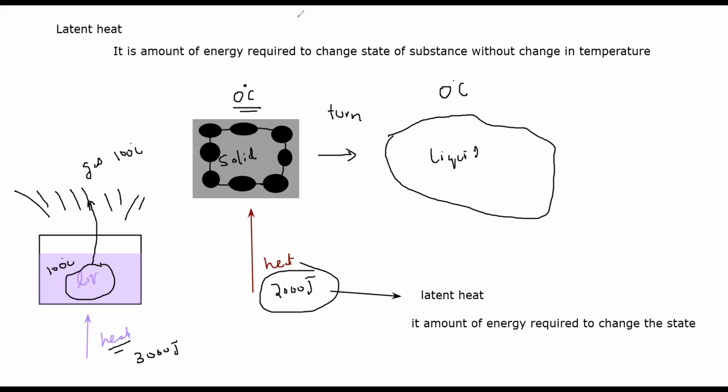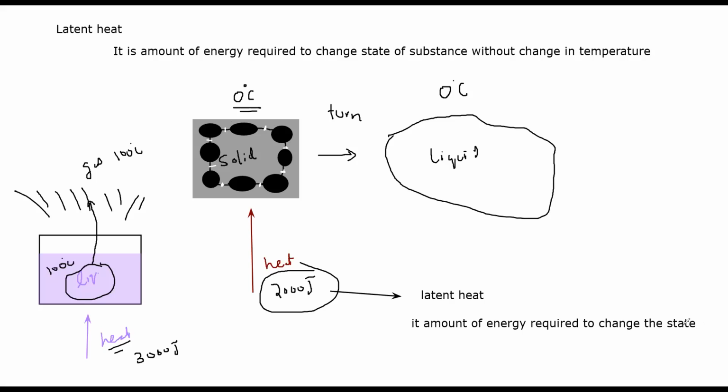So when you supply the energy, the energy which you supplied is used to break these bonds. So when energy supplied is used to break these bonds, that's why you don't observe any change in temperature. So whenever the substance is changing the state, the temperature will be constant.